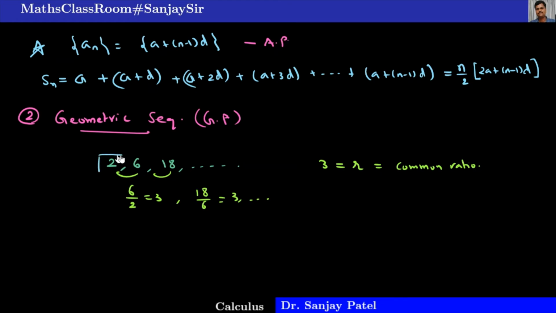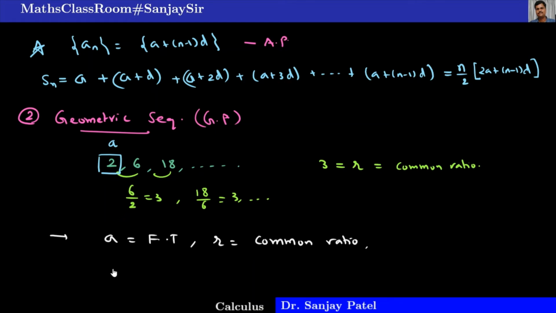Here this 2 is the first term, which we always denote by small a. Let me write down different terms of a geometric sequence. Suppose a is the first term of a geometric sequence, and r is the common ratio, which is not 0.